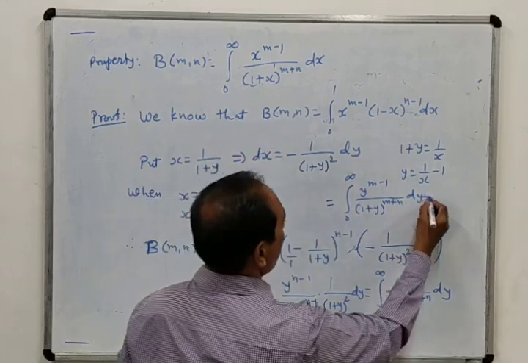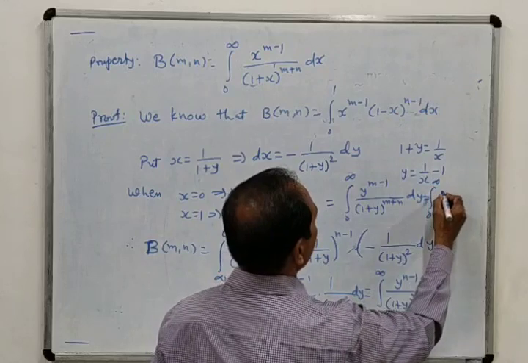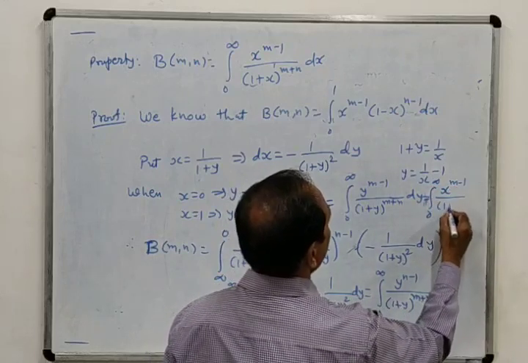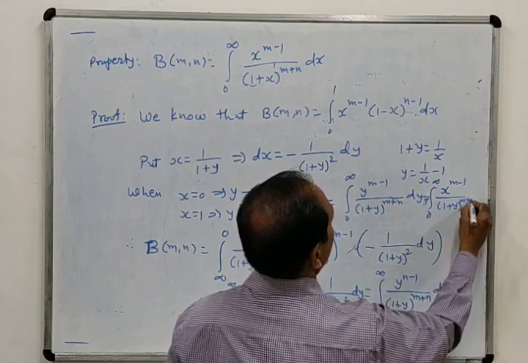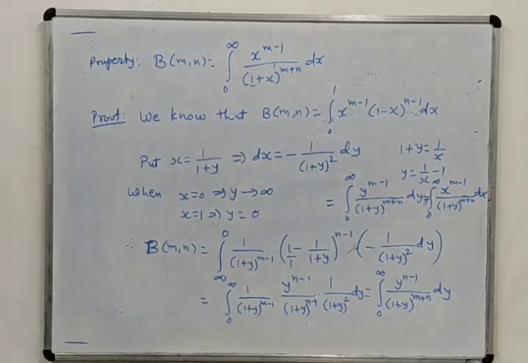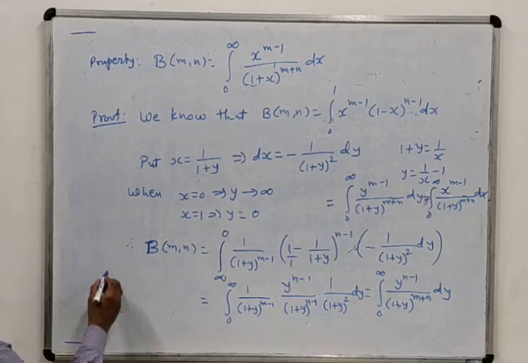So if you want to write this in a more correct way, then you can replace y by x also, because as I told you that it is definite integration. So we can have any variable in the integrand. Integrand means the function inside the integration.